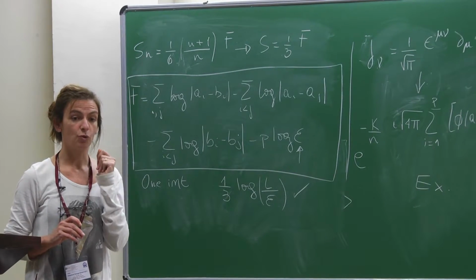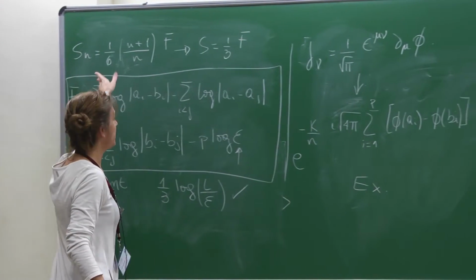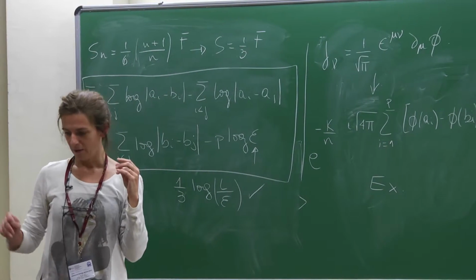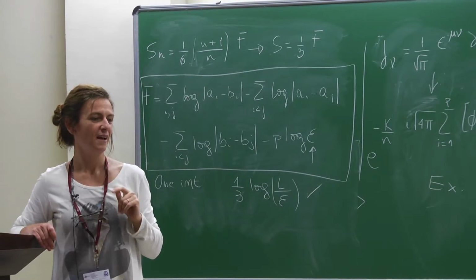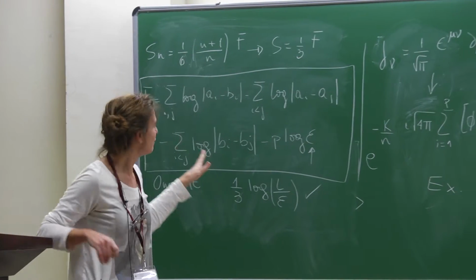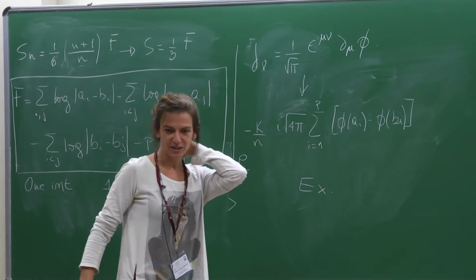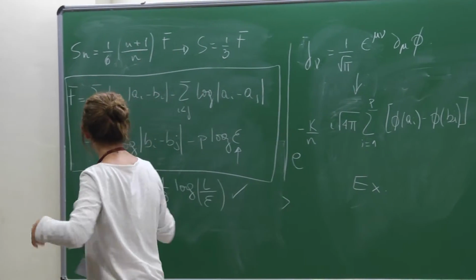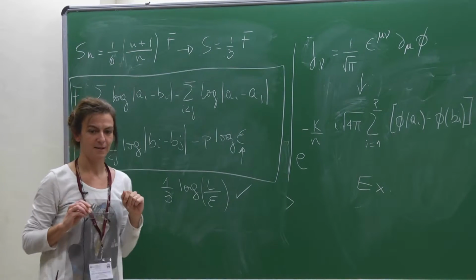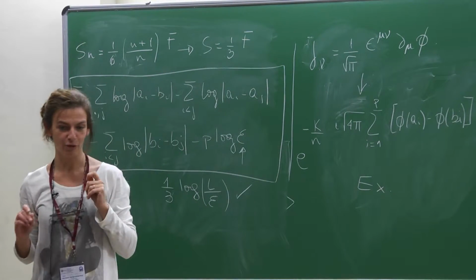But this is not true in general for n intervals. This was the first attempt to give an answer for the n intervals for any conformal field theory. The first answer was to put here a C, and this is not true. Only for the fermion.